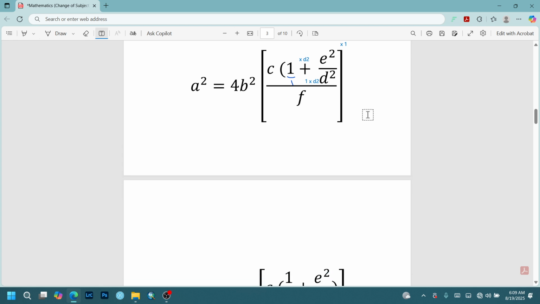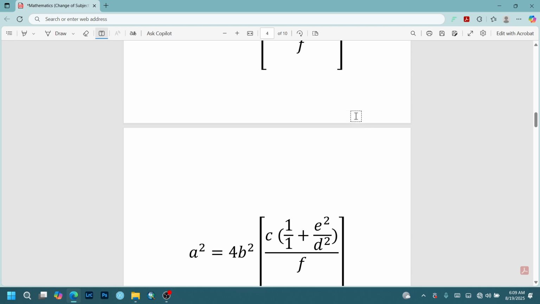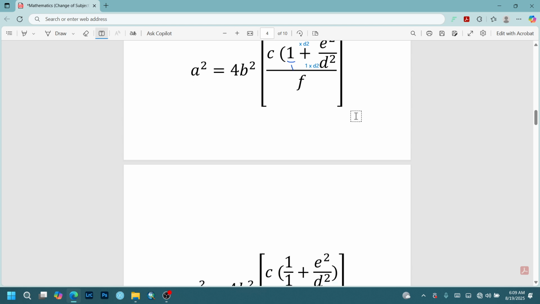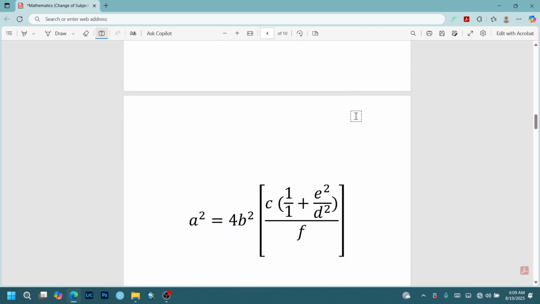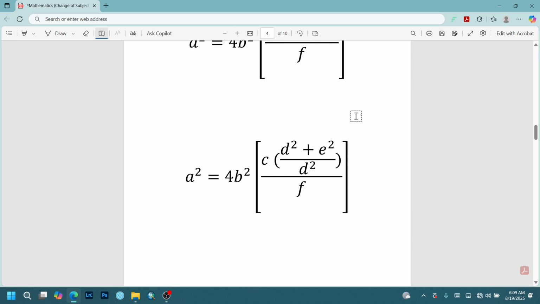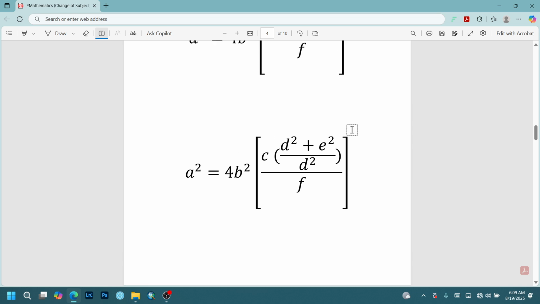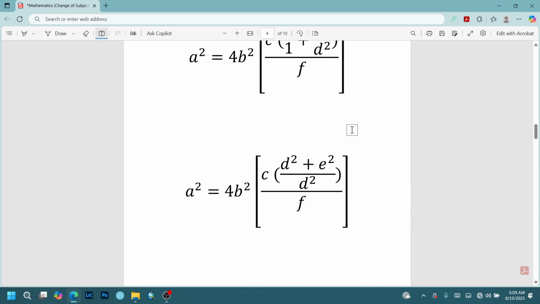So we are going to have our breakdown to be a square equals to 4b square multiplying the fraction c multiplying 1 over 1 plus e square plus the fraction e square over d square, right? Because of how I explained it, right? So we are going to have a square is equal to 4b square multiplying the fraction c multiplying the fraction d square plus e square over d square over f, right?